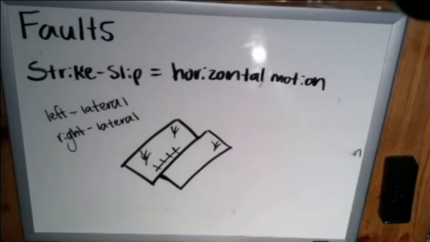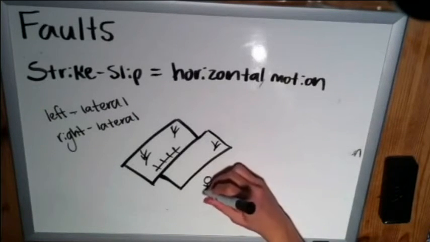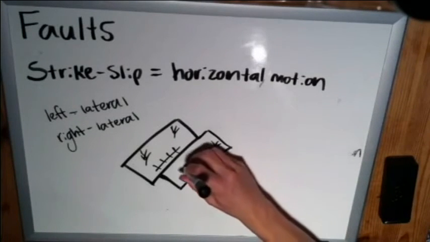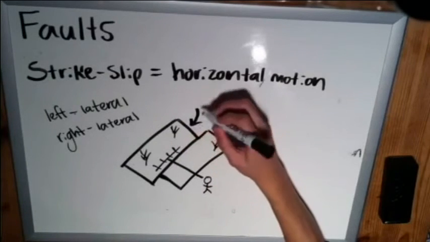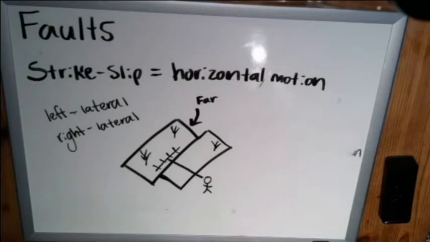But there is a bit of an issue because left and right, well, those are relative. Right from one direction could be left from another point of view. So the way we do this is, imagine yourself standing here, right? That's you. That looks just like you. So you're looking at it from right here, right? From where you're standing, this plate right here is the far one. And what can you say about it?